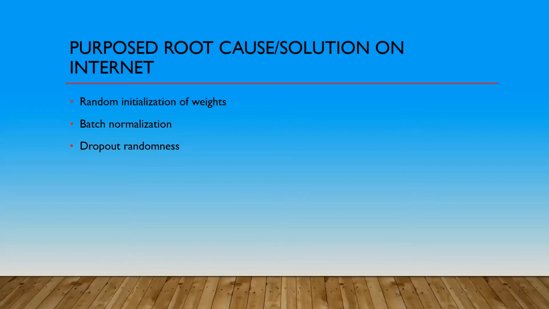I'm just highlighting the points that are considered to be the main reasons you cannot replicate your result, like batch normalization or dropout randomness. Dropout switches off a certain percentage of your nodes, and those are random. You may not know from outside which nodes are switched off. So these are certain myths on the internet that I would say do not follow.